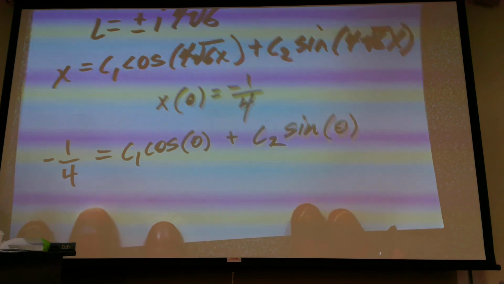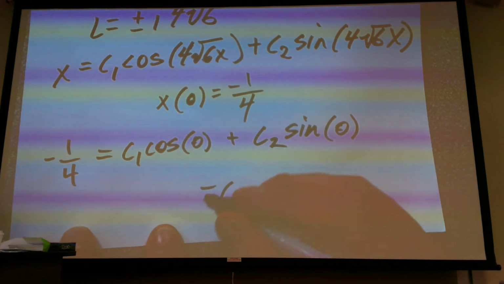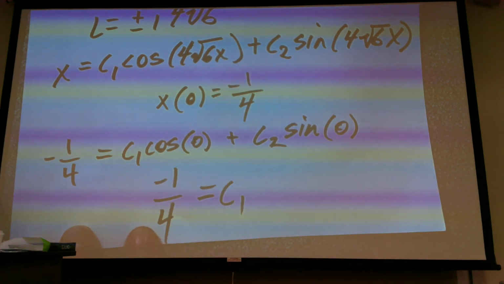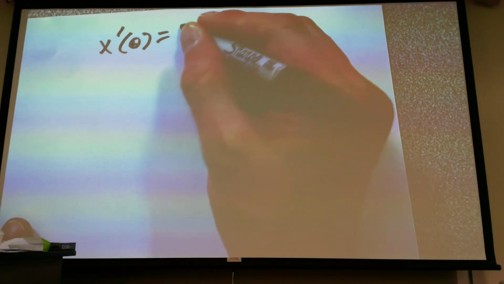So what that's telling me is that C1 is going to equal negative 1/4. Now let's go to the first derivative. The next initial condition, I have that x prime of 0 equals 0.